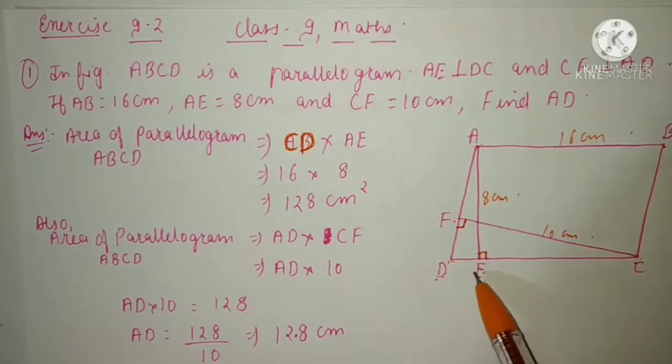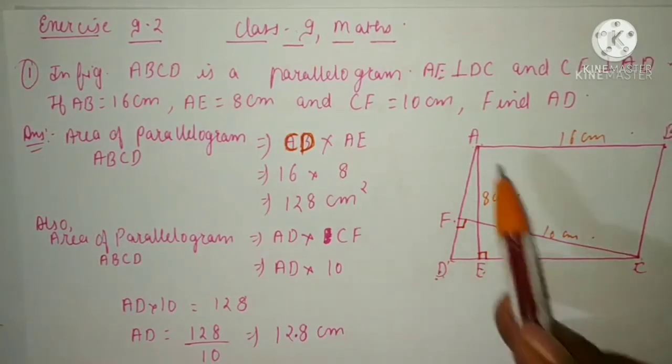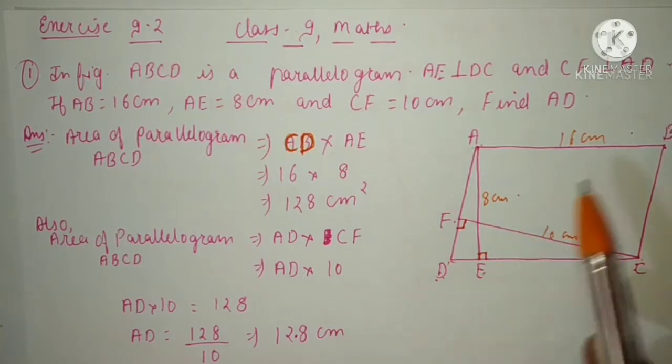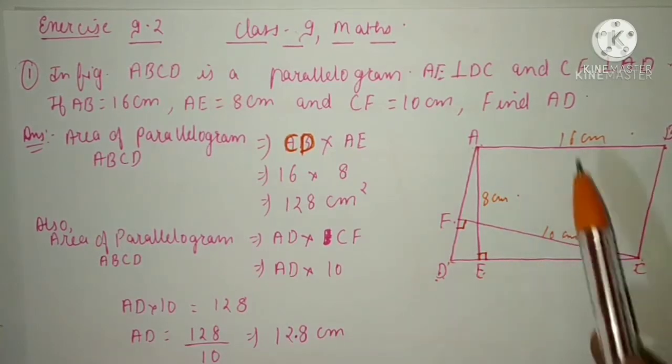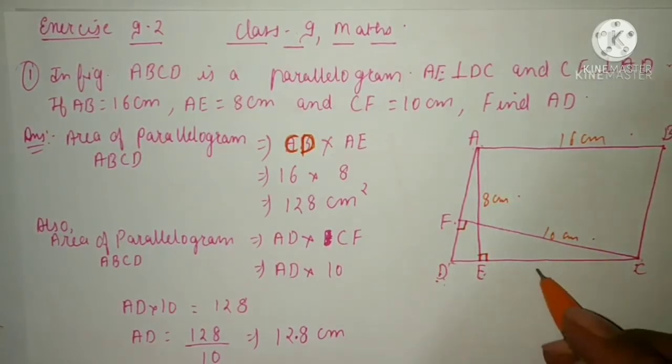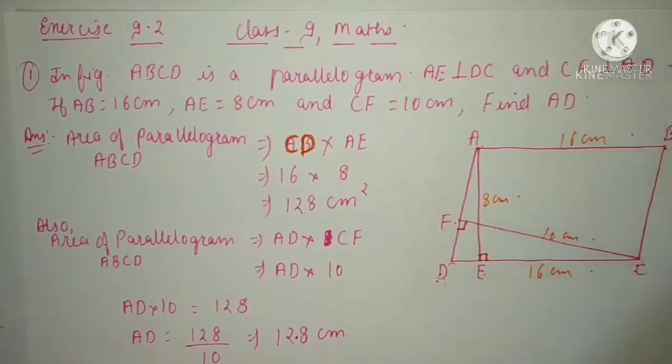But AE is perpendicular to CD, not AB. Okay, so we know that in a parallelogram opposite sides are equal and parallel. That means this CD will also be equal to 16 centimeter. Okay, so we will consider this CD as base and AE as height.